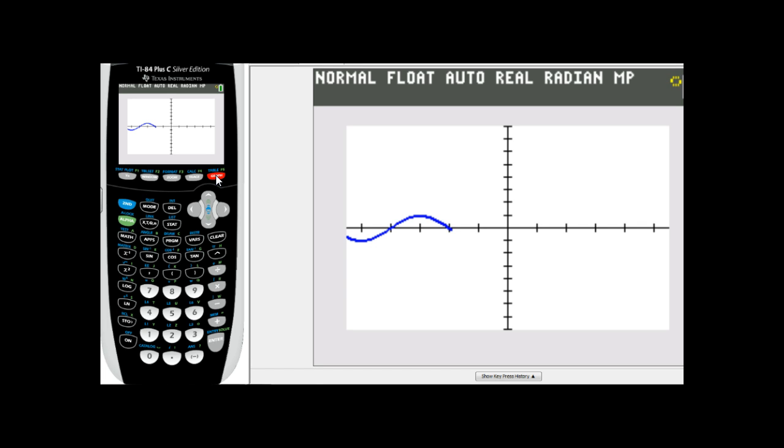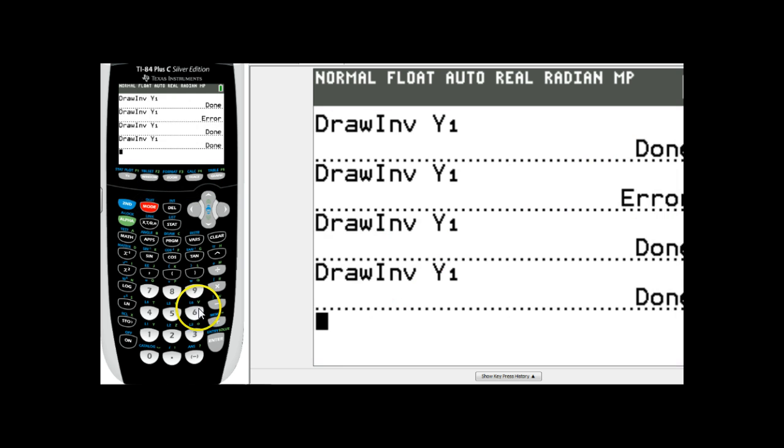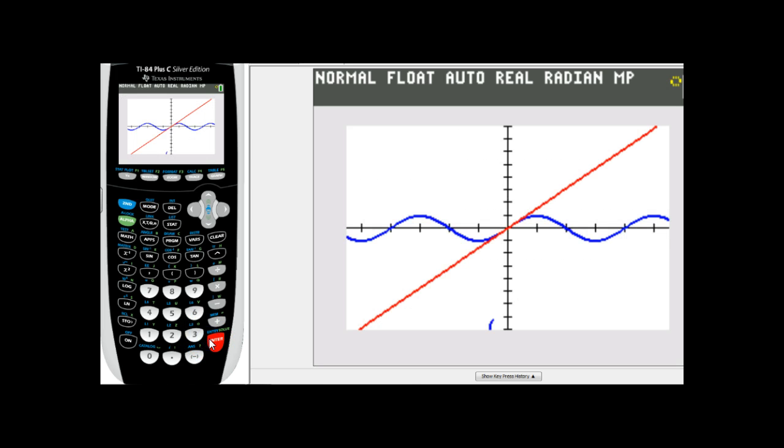Here comes our sine graph again. And then we're going to see the line y equals x. And now we're going to come back here, quit out of here, just hit enter, and it will repeat what you just did. Same function. So you can see this is serpentining along here like a vine.